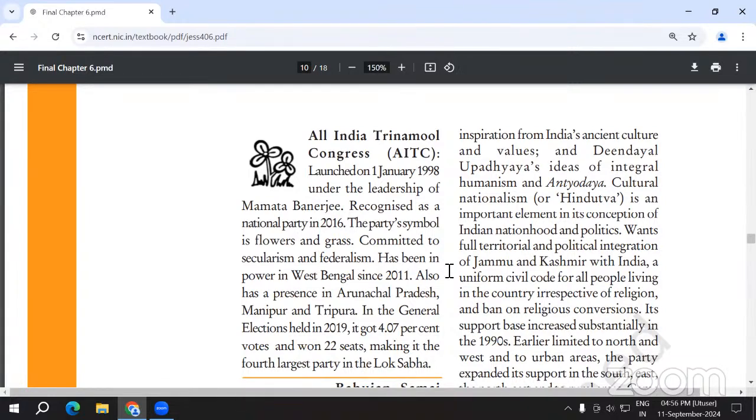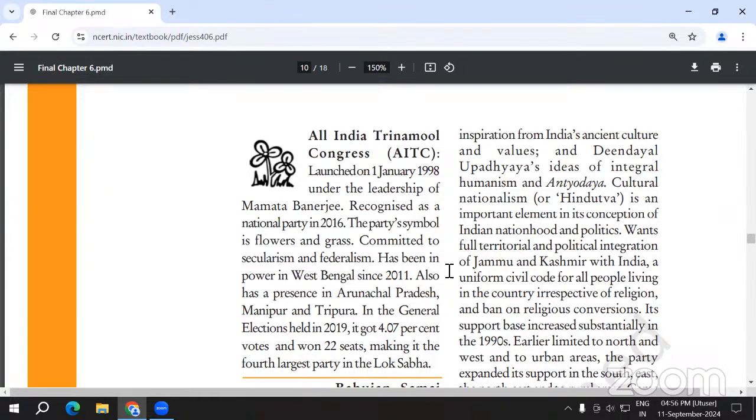Some parts were occupied by Pakistan, and it is known as POK, Pak occupied Kashmir. So the main aim is to have the full part of Jammu and Kashmir with India. That is the full integration of Jammu and Kashmir. Clear or not? This part, Pak occupied Kashmir, is separate, and Indian territory is separate, and in the middle there is a region which is no man's territory.